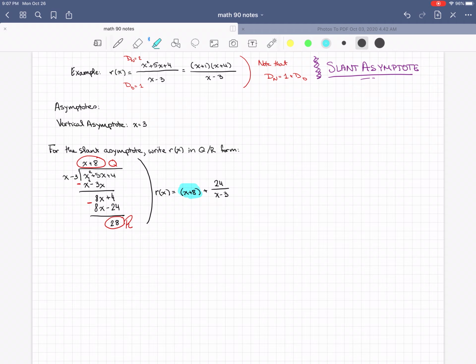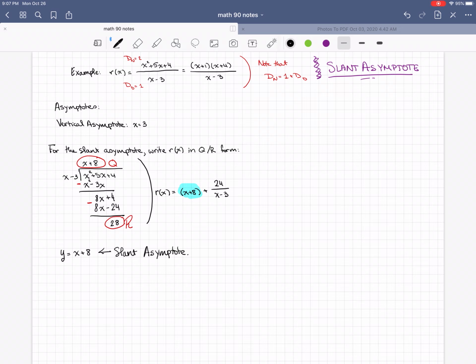Okay, so now I want you to remember that asymptotes, at least for our purposes right now, are lines. So we have a slant asymptote, which is the line y equals x plus 8. Now remember, slant asymptotes are in the same family as horizontal asymptotes, meaning that they also describe eventual behavior.